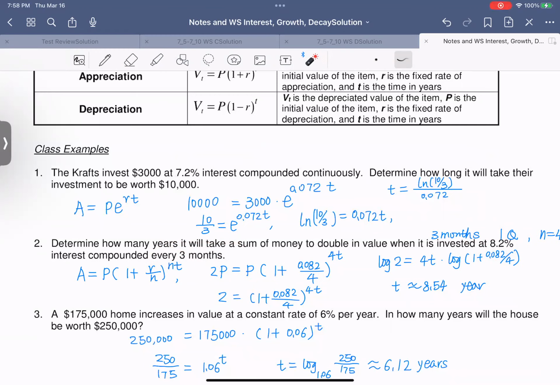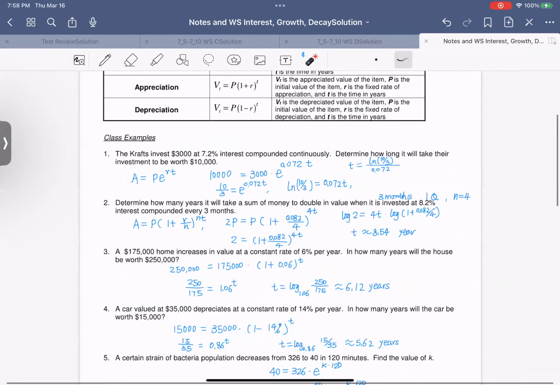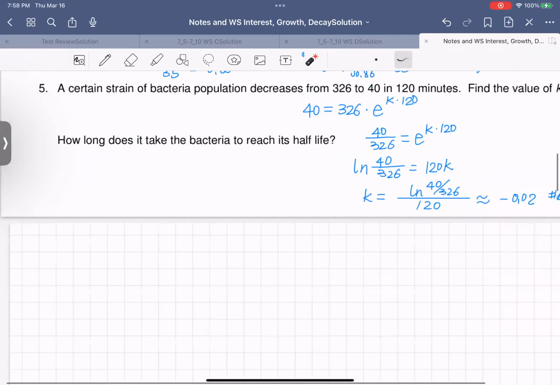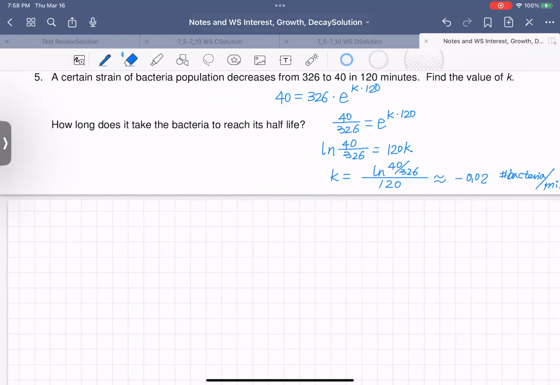Doesn't compounding continuously make the bank more money? No, Ethan, it doesn't work that way. For example, they give you 0.07, which is a 7% interest rate, right?